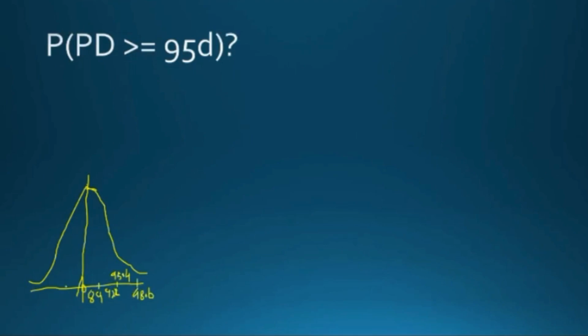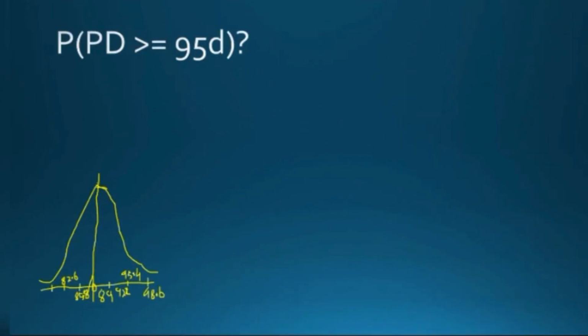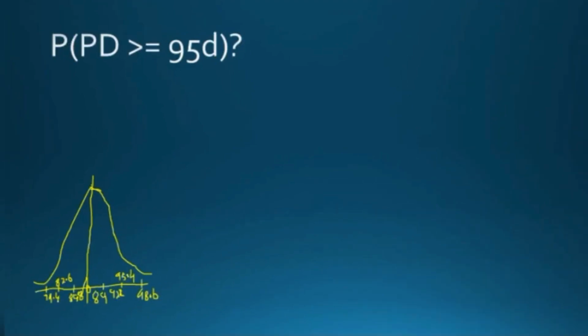What will be this point? 89 minus 3.2, the first value, is 85.8. And this will be 82.6, then 79.4. Now we know where the duration values are distributed, isn't it?